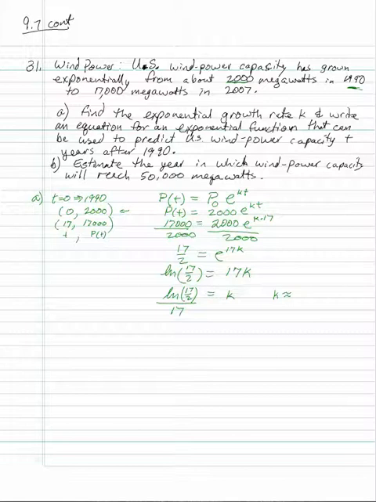So if I do ln of parentheses 17 divided by 2, close parentheses, that equals 2.140066163, divided by 17, and that's 0.12588624.